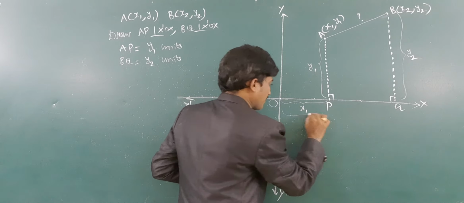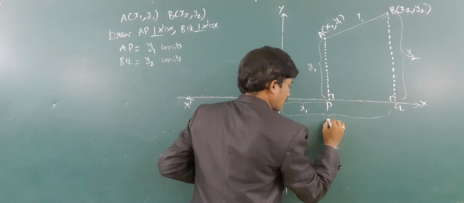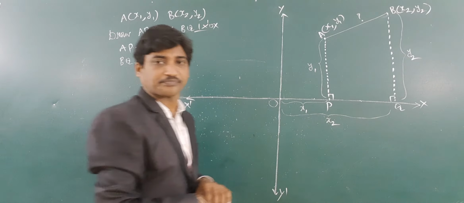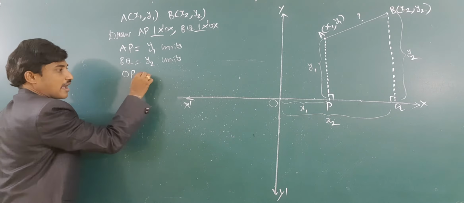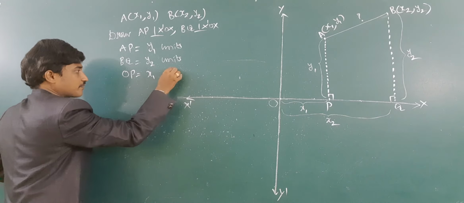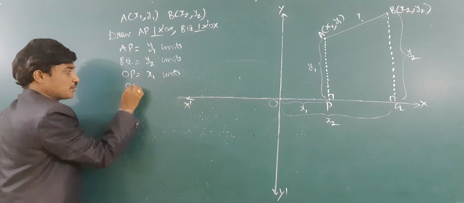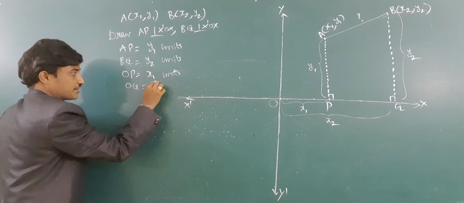OQ length is x2 units. Is it very clear? OP length is x1 units and OQ length is x2 units.